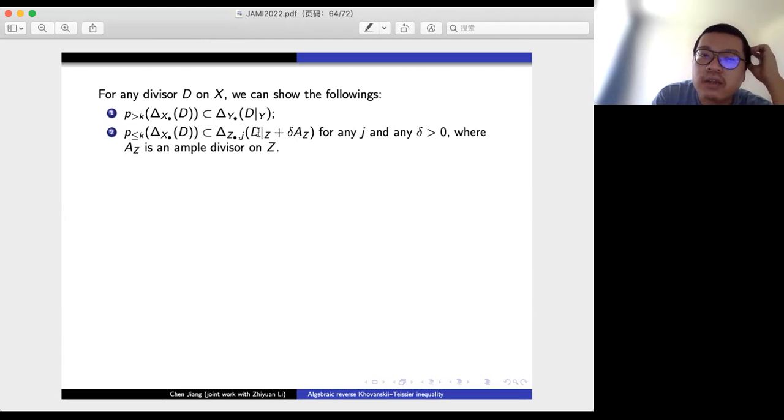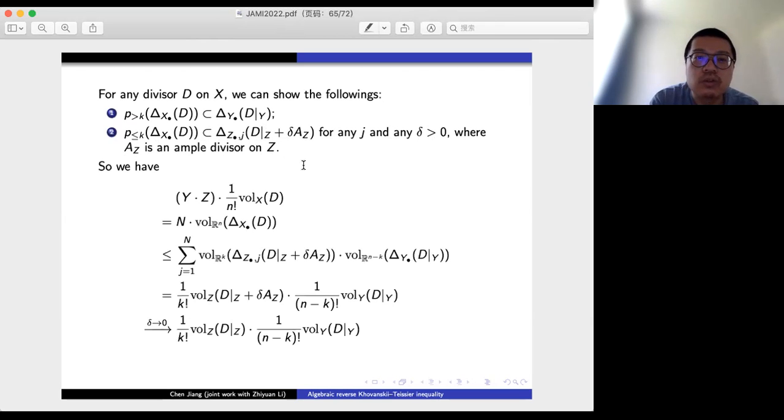So it's like we need to perturb D by an ample divisor, but it's a very small ample divisor on Z. Okay, so we have such kind of inclusion, and then we can finish the proof.